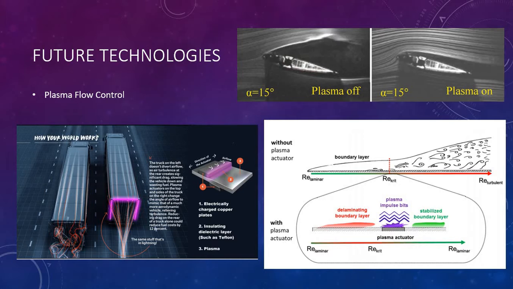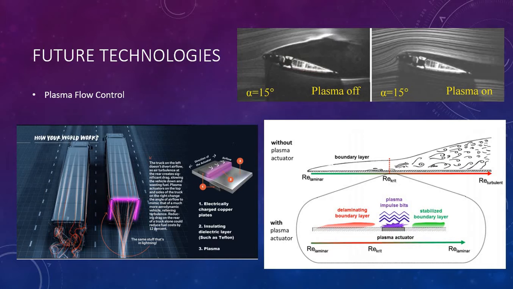One technology I did find while researching that I've actually never heard of was plasma flow control. The idea is relatively new and still in the very early research and development stages, but the idea is to have high voltage alternating current pass through two electrodes, creating a low temperature plasma.